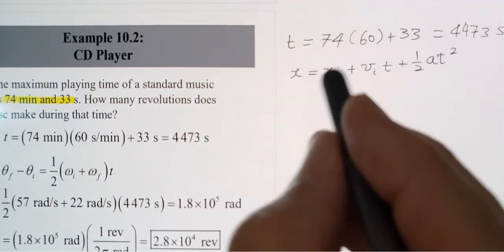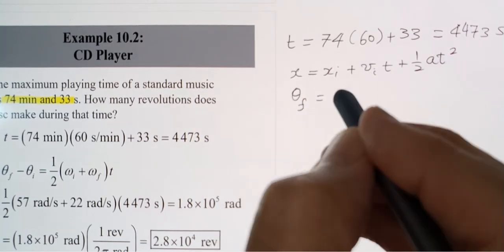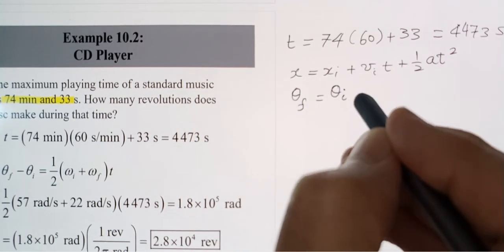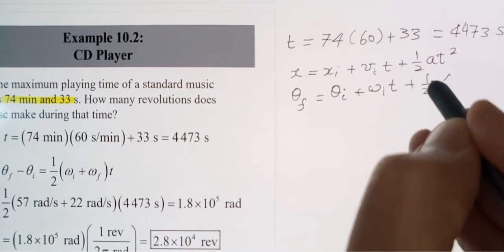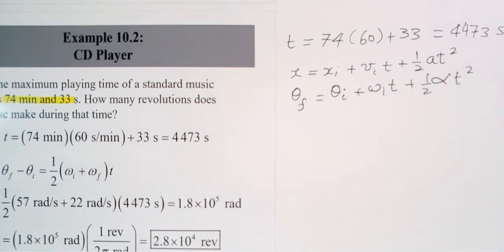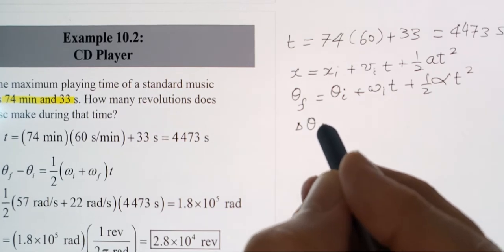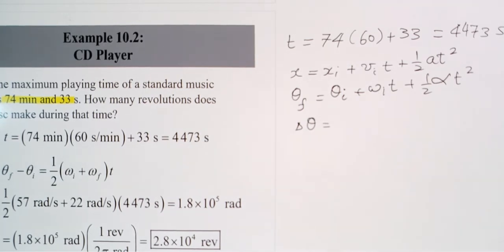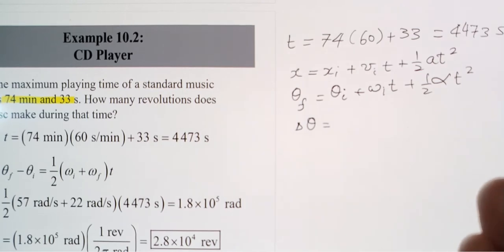In this problem, we do theta final equals theta initial plus omega initial t plus half alpha t square. So delta theta is the total angular displacement traveled by the CD.